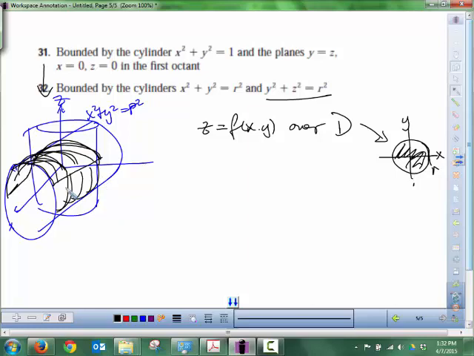So it looks like we have a volume that's bounded by two surfaces. One would be the top part of that cylinder, the other the bottom part. You with me so far?